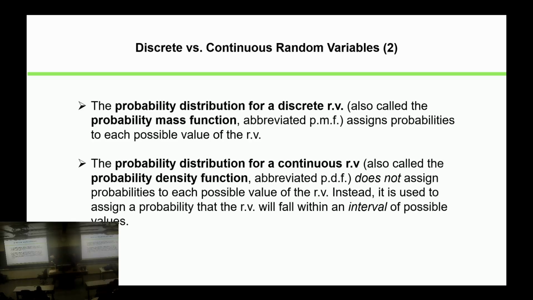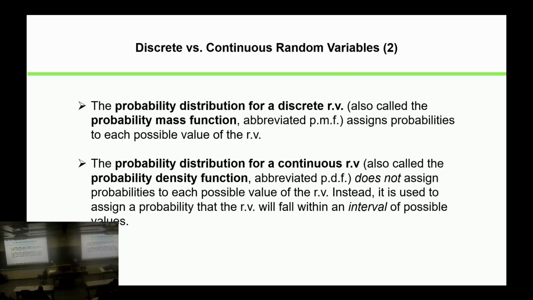And so a key takeaway from this class, which Professor Nika has been stressing, is that the probability distribution for a continuous random variable does not assign probabilities to each possible value of the random variable.